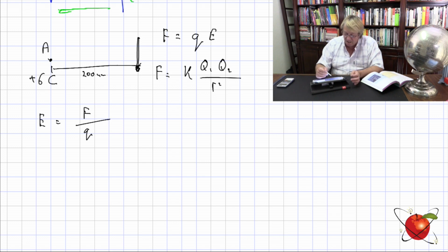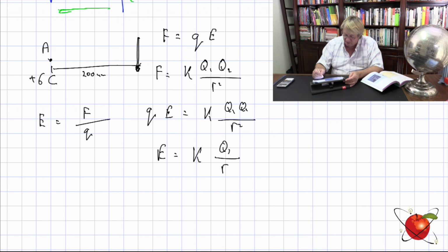Now, if that's a test charge and I put it there, the force at that point is going to be the same, correct? So I can put them equal: Q E is equal to K Q1 Q2 over R squared. Now I can make Q the test charge, the same charge. So my electric field strength is K Q1 over R squared.